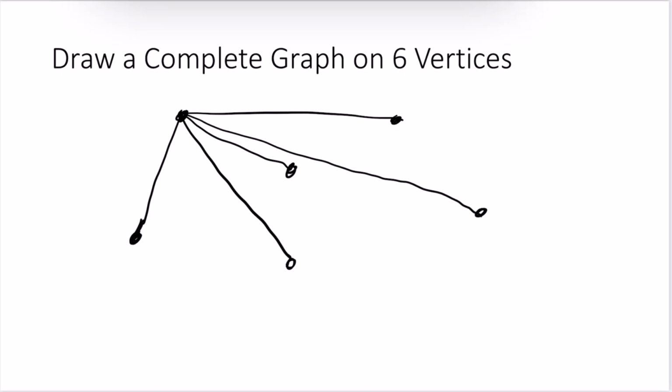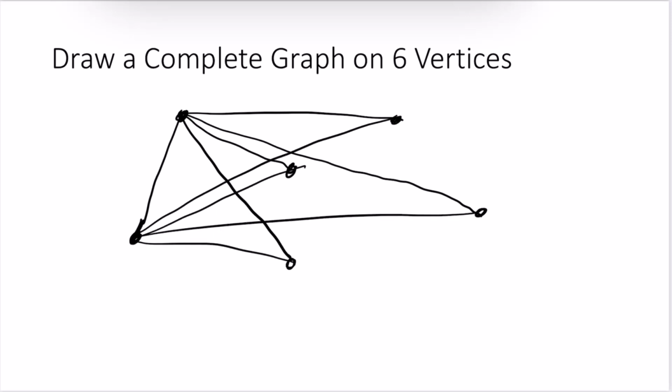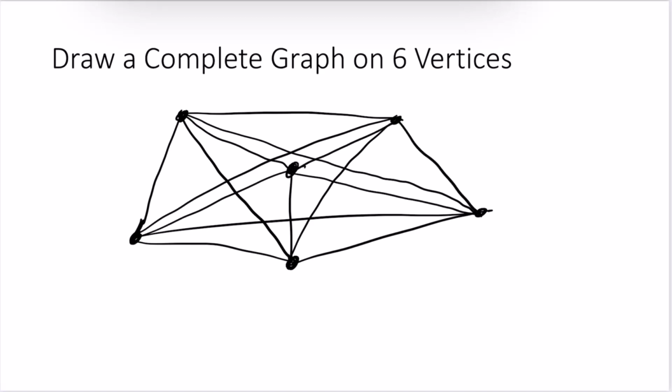Then I'll take this vertex and make sure that it is adjacent to every other vertex in the graph. And then I'll take this one and make it adjacent to every other one. I'll take this one and then this one. And so this would be a complete graph on 6 vertices.